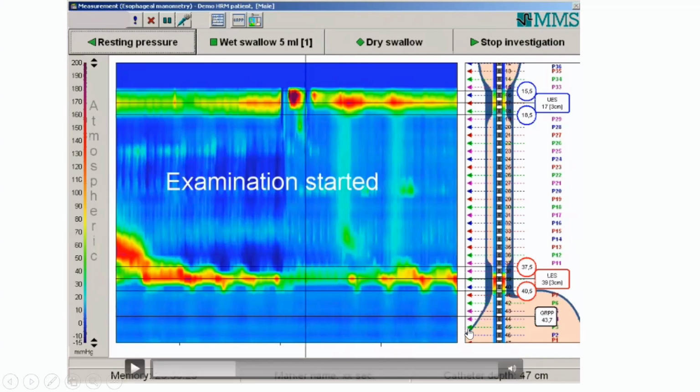the channels below. And you have to know that the catheter has to pass through the LES to the stomach. And we also have to make sure that the catheters reached the stomach by asking the patient to take a very strong deep breath.